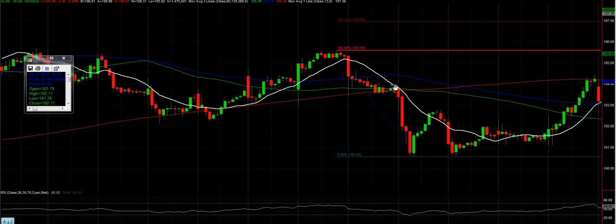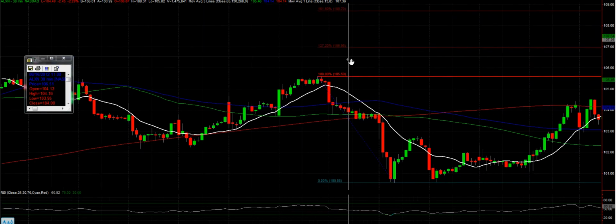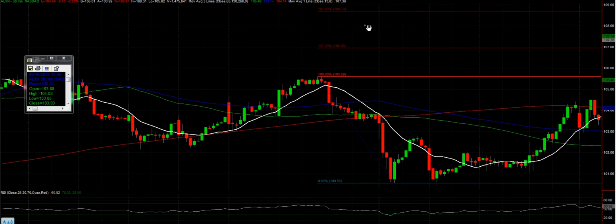And also can see on this 30-minute chart how the projection was run for targets for the following day. So basically with this high to low swing, if this is a new uptrend and it's going to get rocking, we're going to be looking for 106.96 and 108.70 as possible targets.